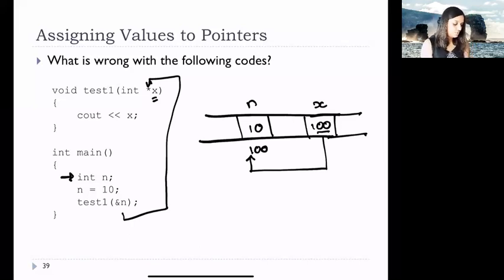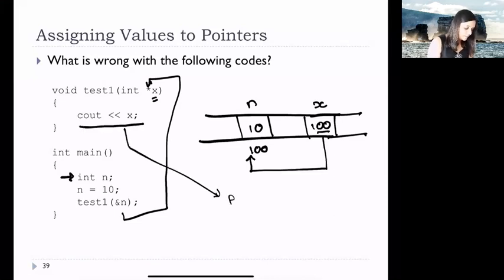And then what you are doing is cout x, that prints out the address of n, right? When you cout x, this statement is going to print the address of n.